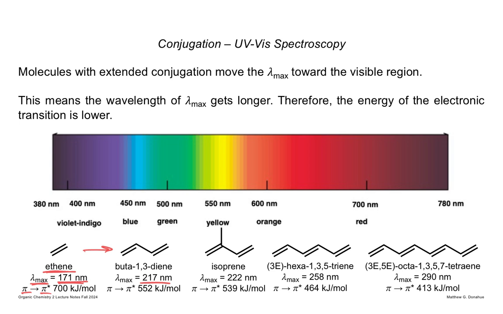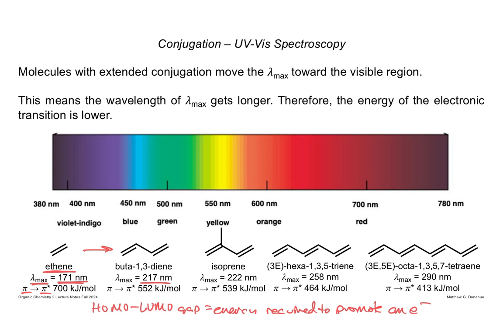That's the HOMO-LUMO gap. That's the energy required to promote an electron. And then as that electron relaxes from the LUMO back to the HOMO, that's when the light is emitted.